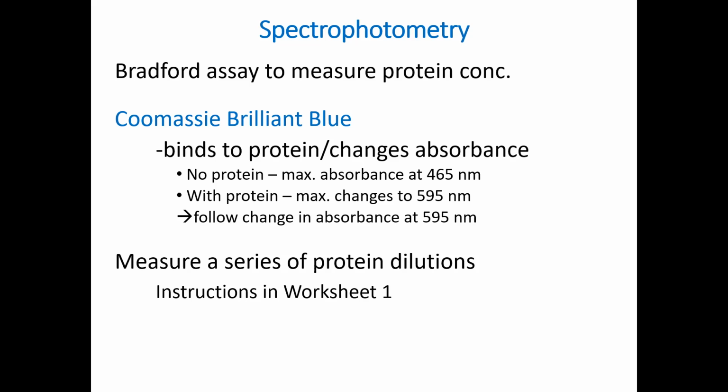Once the Coomassie binds to the protein, the maximum absorbance changes to 595 nanometers. We're going to follow that change in absorbance to determine how much protein there is in each solution. You're going to measure a series of protein dilutions and figure out the concentration in an unknown sample, following the instructions on worksheet 1.